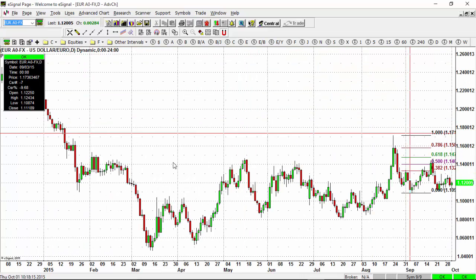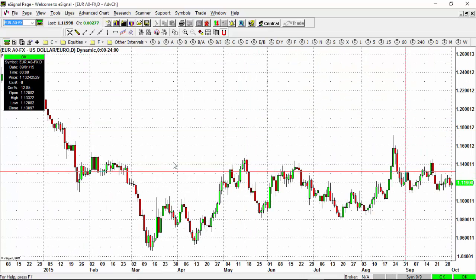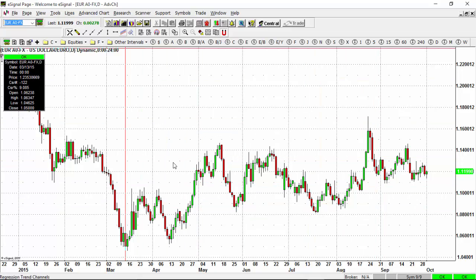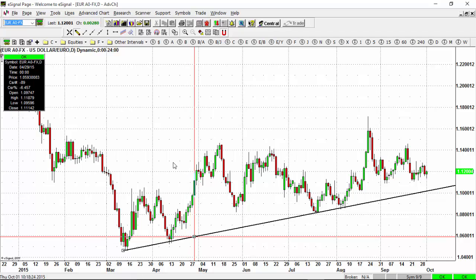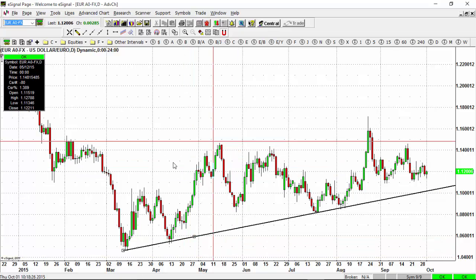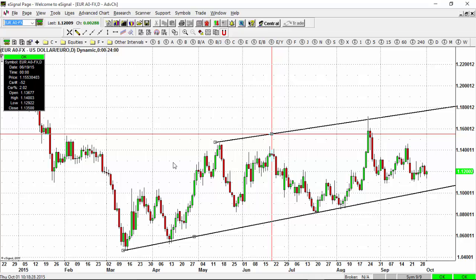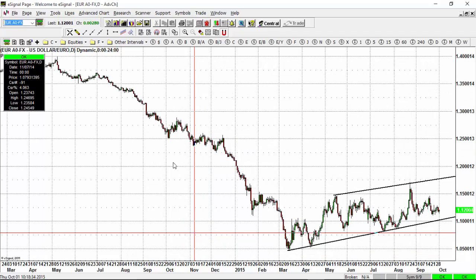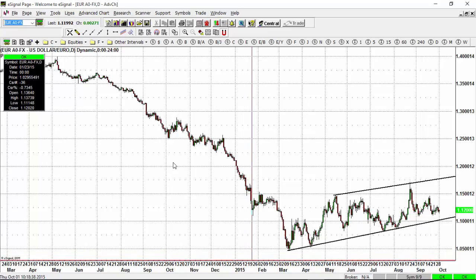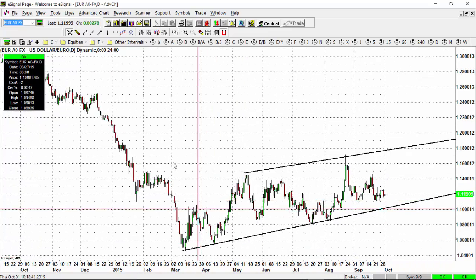Taking a look at the euro, it was down earlier in the morning. It has now recovered, and we're still in a flag type consolidation pattern with the euro. We spoke about a channel consolidation, a triangular consolidation, and now this is what could be a flag consolidation.